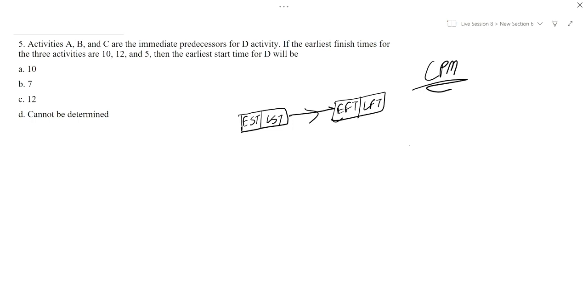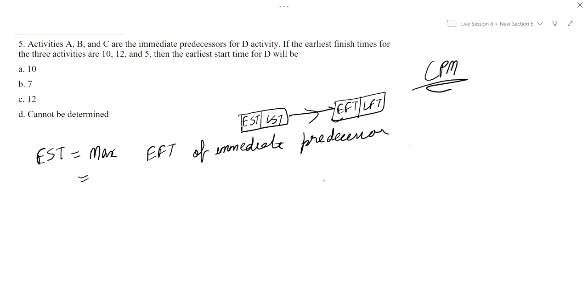Then it's asked the earliest start time for D. Now we know that the earliest start time is equal to the maximum early finish time of the immediate predecessors.